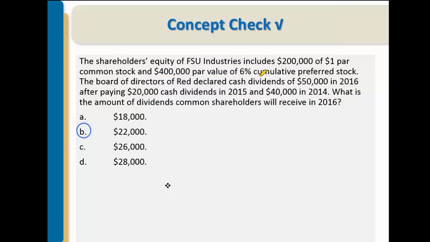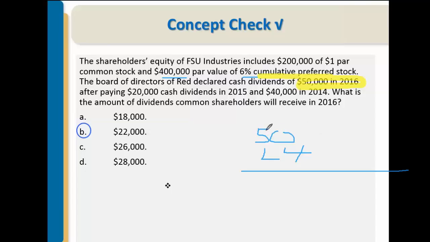Okay, cumulative preferred means that you have to get up to date with your preferred stock before any other dividends are paid. So just going through this, what we're looking at is what is paid to common shareholders in 2016. So in 2016, we have $50,000, and we subtract from that 6% times 400, which is 24. Okay, so that's for 2016.